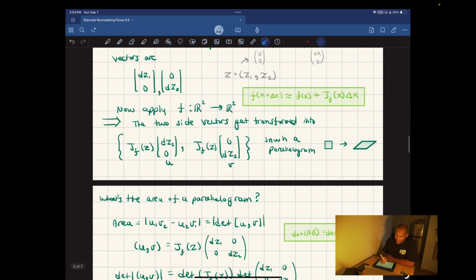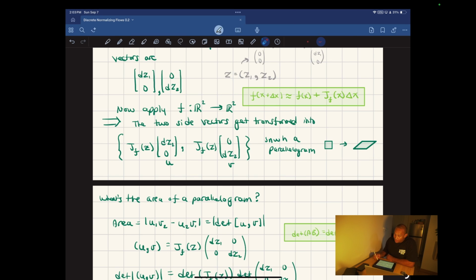Now, if we apply a map F to these two vectors and they get transformed, say these two vectors that make up this square get transformed into this parallelogram.